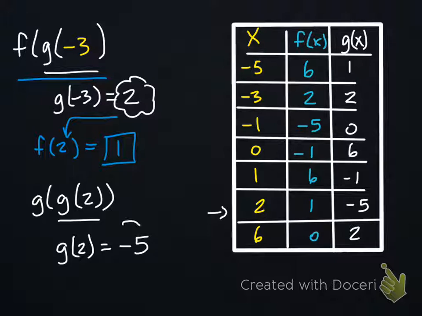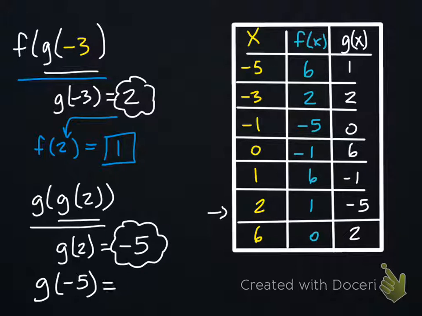That's our first output, and it becomes our input for our next layer out, which is also a g. So we say g of negative 5. Then we go up to negative 5 and start there, and we go over to our g column. Well, in this case, it's a 1. So that's our final answer. So those are the tables.